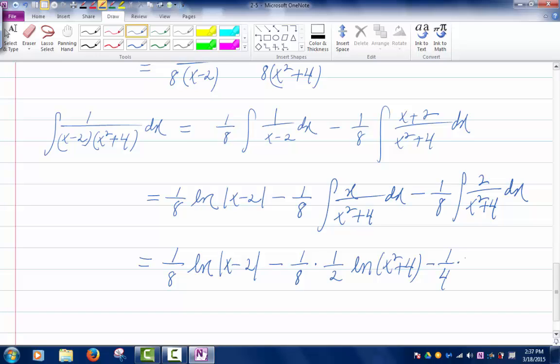And then you end up with the integral of 1 over 4 plus x squared. And that has to do with 1 over root of 4, right? So it'll be half tangent inverse of x over 2. And I have to say plus C at the end. Did that make sense? Any questions at all?